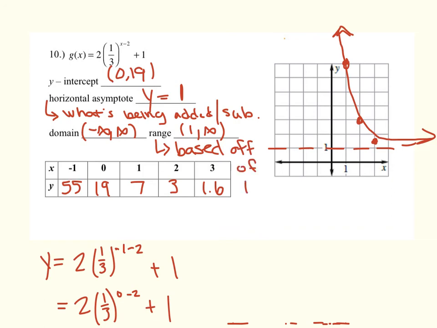So just get used to that horizontal asymptote, HA. So there you go. So go ahead, try number 8 and 9, guys, and see how it goes.